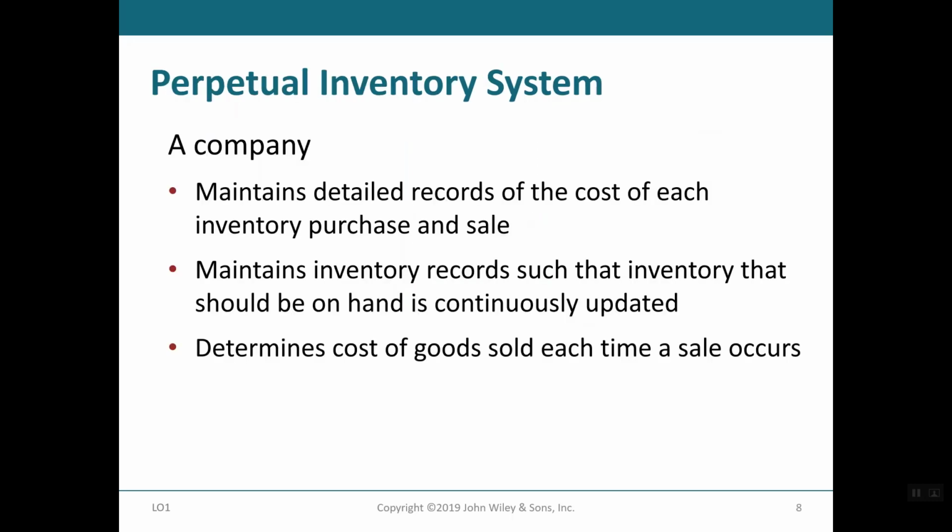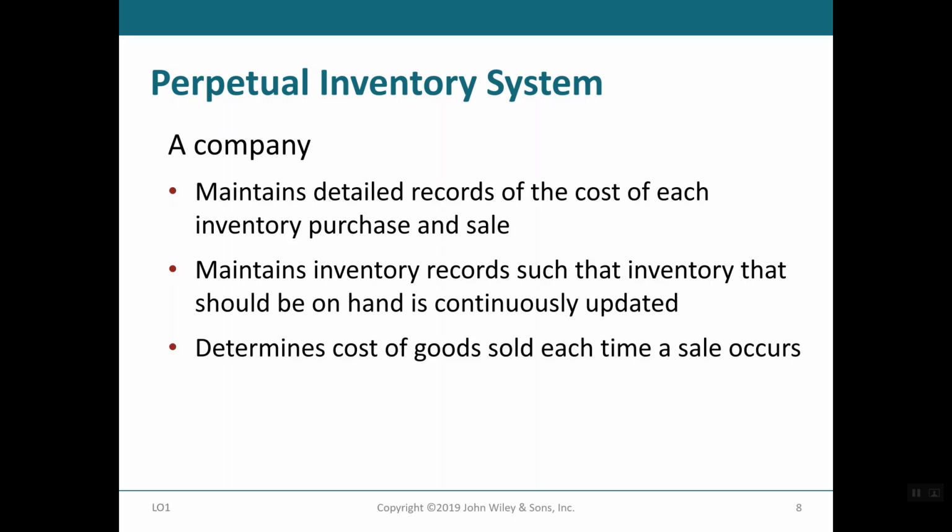So for the perpetual inventory system, the company maintains detailed records of the cost of each inventory purchase and sales. So it's a more detailed system of inventory, whereby for each sale that you make, you are keeping track. For each purchase you make, you are keeping track. You know how much you have on hand per time.